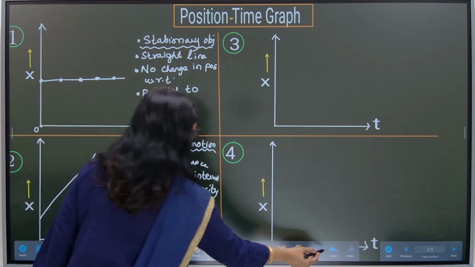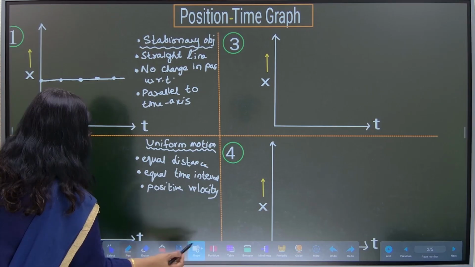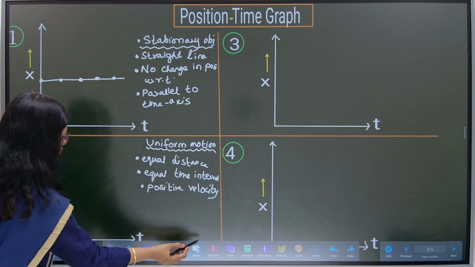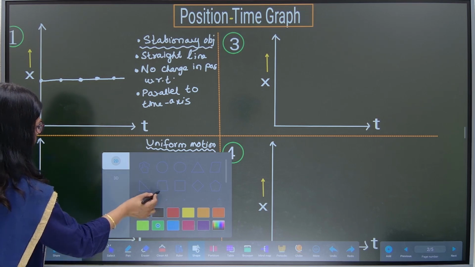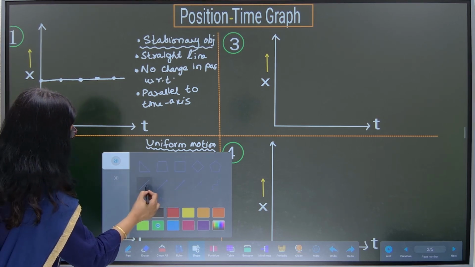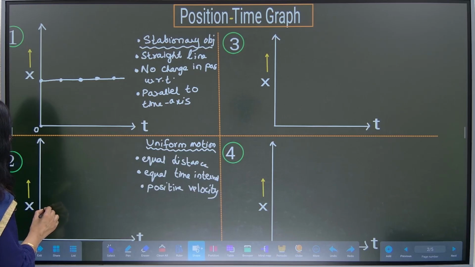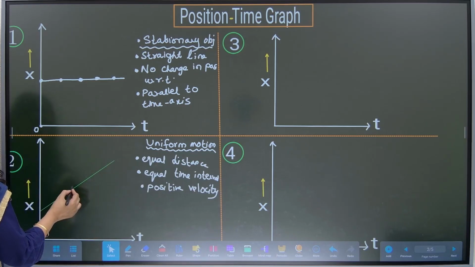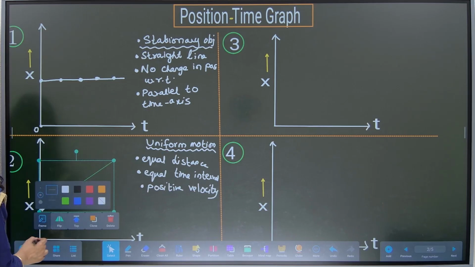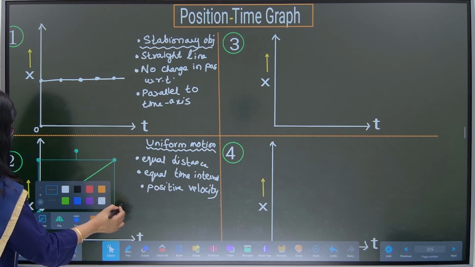Okay, it has to be a straight line which is inclined to the time axis.